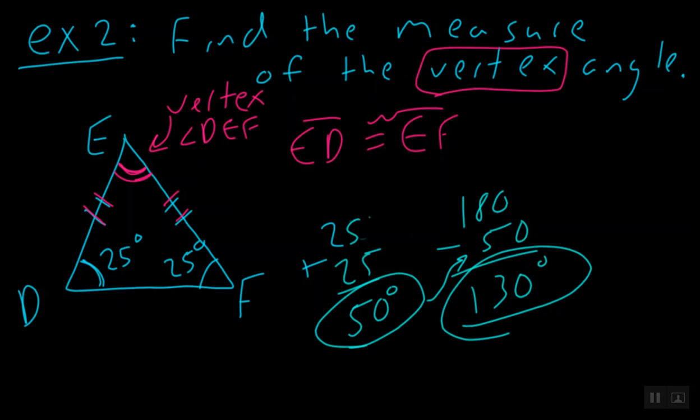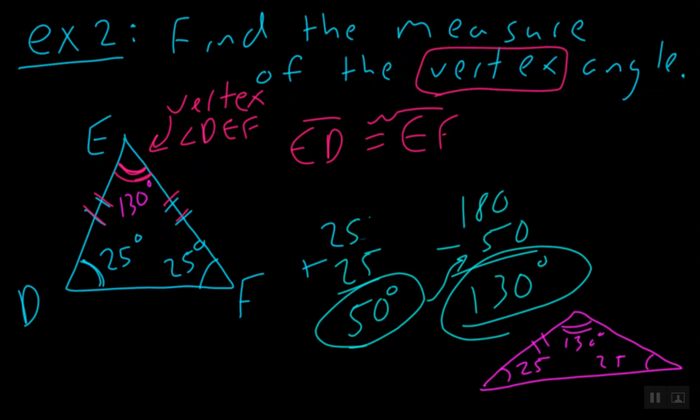So guys, it turns out that this right here was 130 degrees. And a better question would be, did I draw this correctly? And the answer is no. 130 degrees creates an obtuse angle, and so our triangle would be better served to look something like this right here, where of course that is 130. Alright guys, I've got one more example for y'all. So go ahead, pause the notes, finish taking these, and let's move on to our final example.